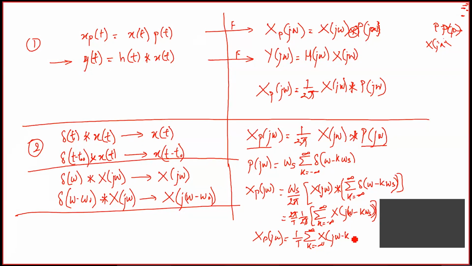So this is going to be the Fourier transform of x_p, and that is what we see right here also.